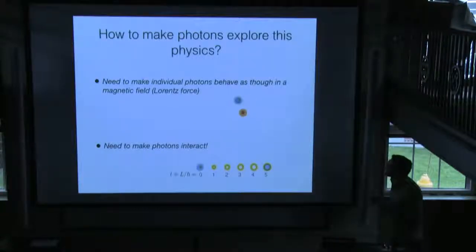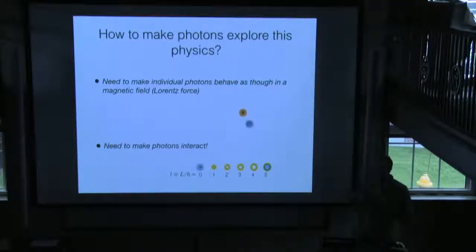so now we can ask, if we want to explore this physics with photons, what do we need? Well, you can see we're going to need two ingredients, right? Ingredient number one is we're going to need photons that behave as though they're in a magnetic field. And ingredient number two is we're going to need some way to engineer a local interaction between photons.